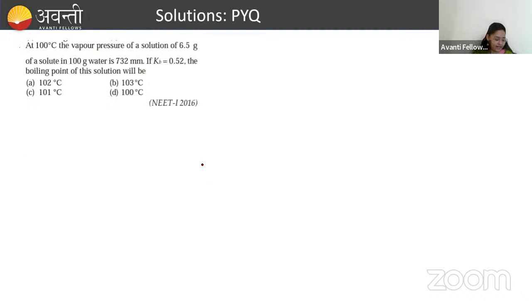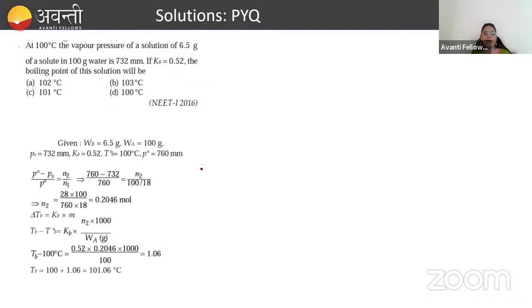Next, at 100 degrees Celsius, the vapor pressure of solution of 6.5 gram of solute in 100 gram of water is this much. The boiling point of the solution will be? So what will be the correct answer here? यहाँ पे हमको calculations करना है. So देखो calculation, weight हम लोगों को दिया हुआ है, right? Weight of solute is 6.5, and 100 gram of water. Okay. And what is given?